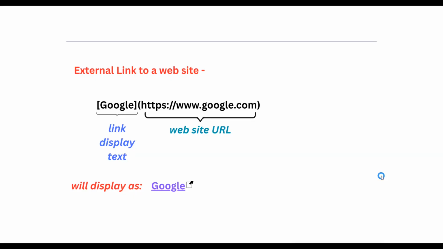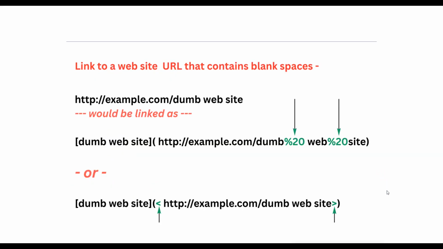Now, a problem can arise if the website you're linking to has spaces in any part of its title. Obsidian cannot interpret a website address that has spaces in it. There are two ways for you to handle this. One way is to replace those spaces with %20.